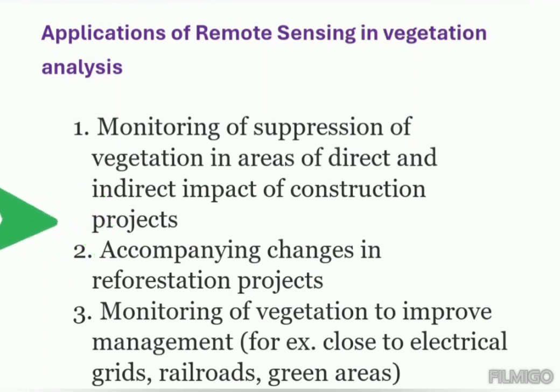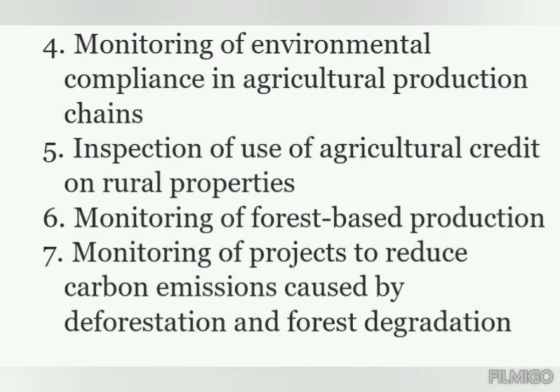Monitoring of suppression of vegetation in areas of direct and indirect impact of construction projects, accompanying changes in reforestation projects, monitoring of vegetation to improve management, for example, close to electrical grids, railroads, green areas, monitoring of environmental compliance in agricultural production chains, inspection of use of agricultural credit on rural properties, monitoring of forest-based production, monitoring of projects to reduce carbon emission by deforestation and forest degradation.